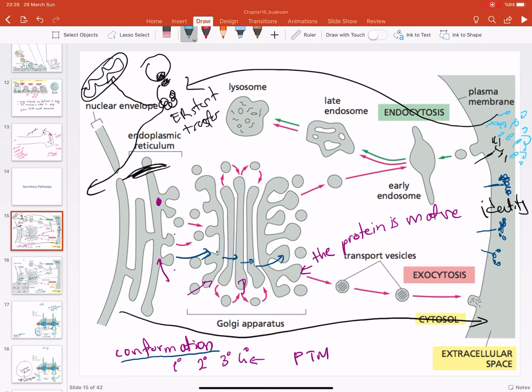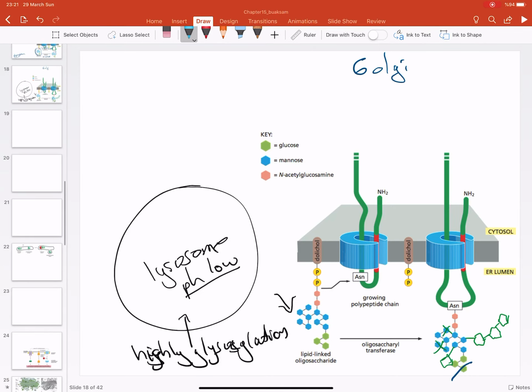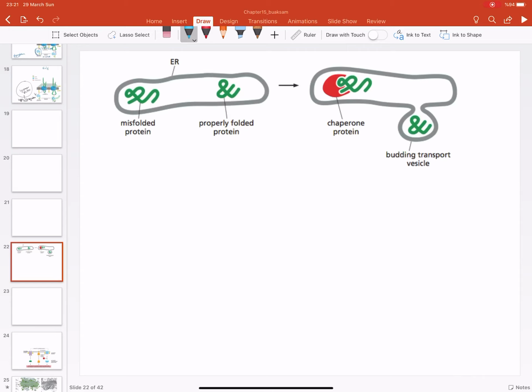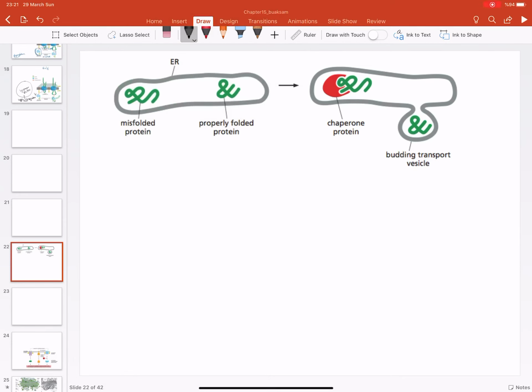So especially if it's a cell like a white blood cell which is circulating through the body, it has to be protected from the friction force. And in that case, these sugar groups, carbohydrates, are very helpful. Okay, this is one thing about the ER.